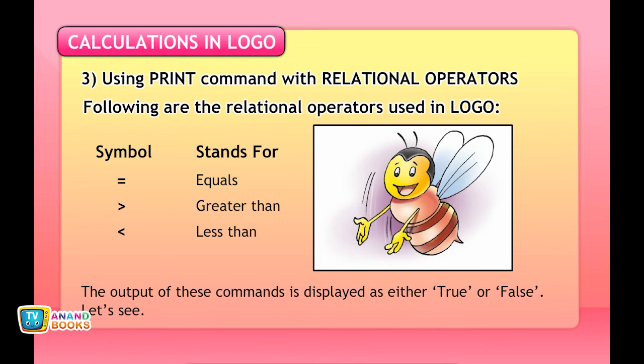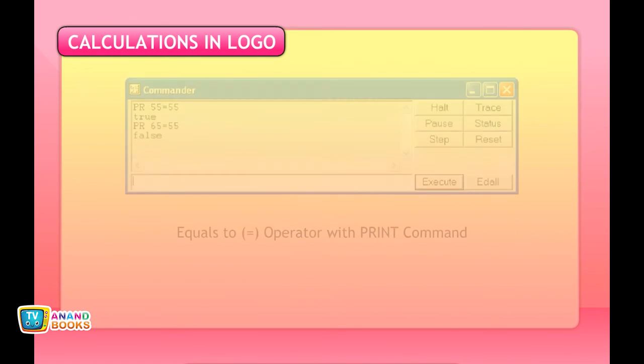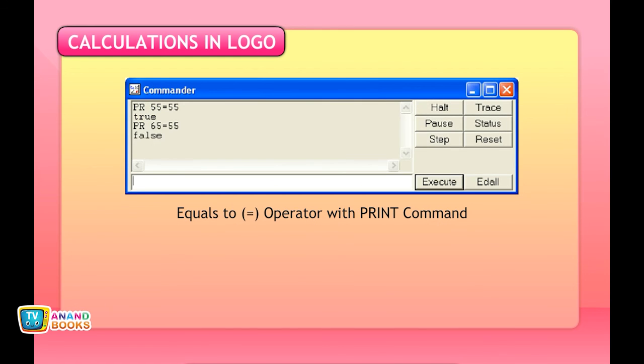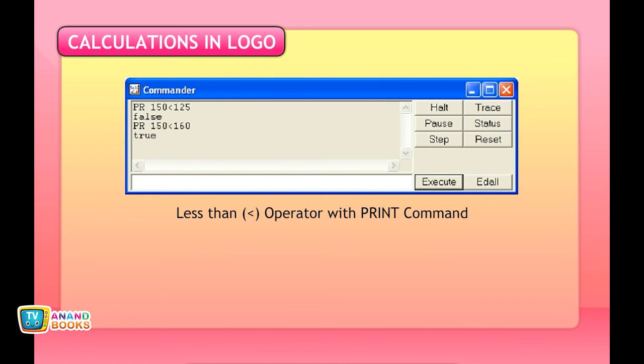The output of these commands is displayed as either true or false. Let's see. Equals to operator with print command. Greater than operator with print command. Less than operator with print command.